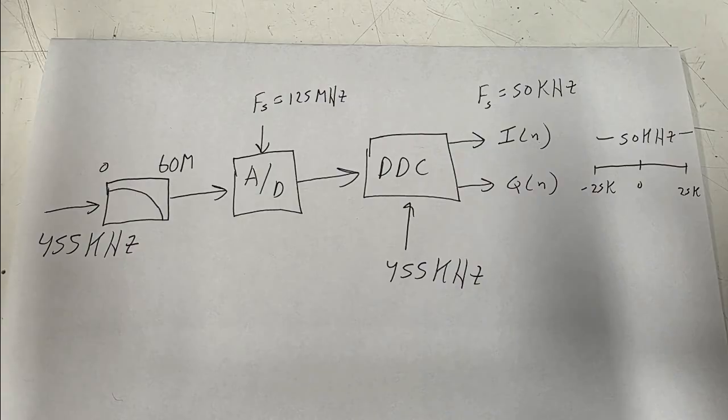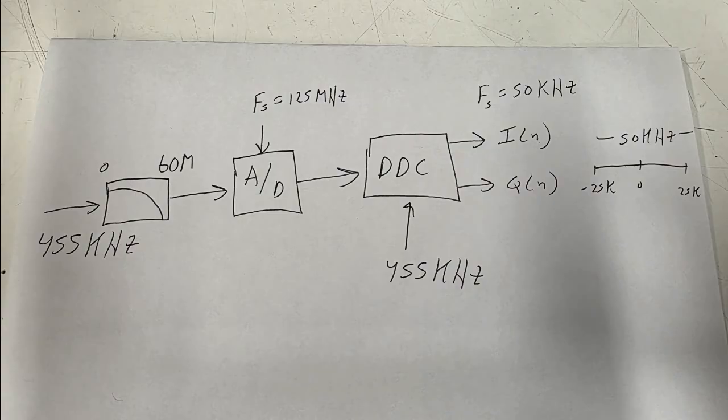It would get sampled by the analog digital converter at a 125 megahertz rate. It would then go into a DDC block in which we would tell the frequency tune to be 455 kilohertz. And after that, we would then decimate down such that our final IQ sample rate would be 50 kilohertz.